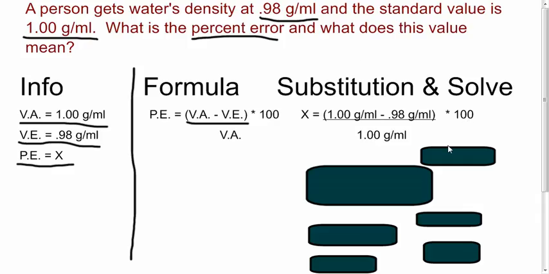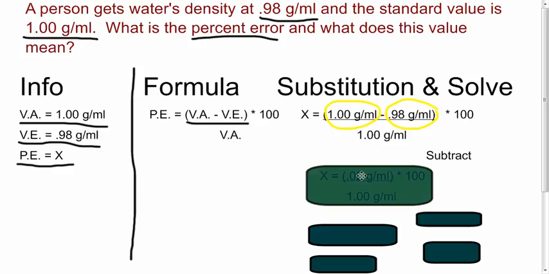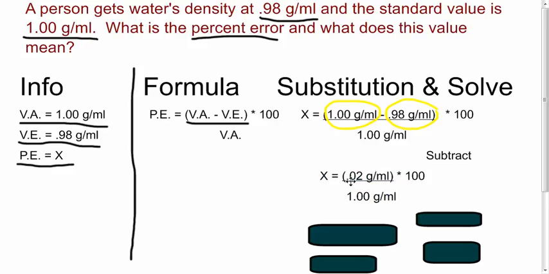Now the first thing I'm going to do is subtract this number from that number, and I'm going to get this: 0.02 grams per milliliter divided by 1.00 grams per milliliter times 100.